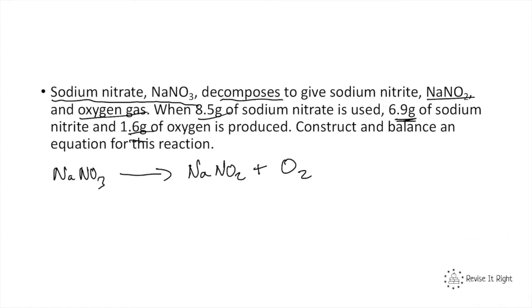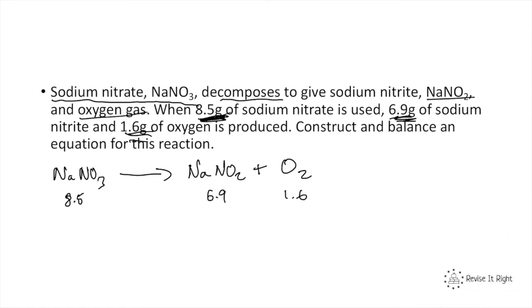So we've got sodium nitrate, and the mass in the question has been given as 8.5, so we write that underneath. Then we've got sodium nitrite, with a mass of 6.9, so we put that underneath. And finally oxygen, it's given us 1.6 grams.